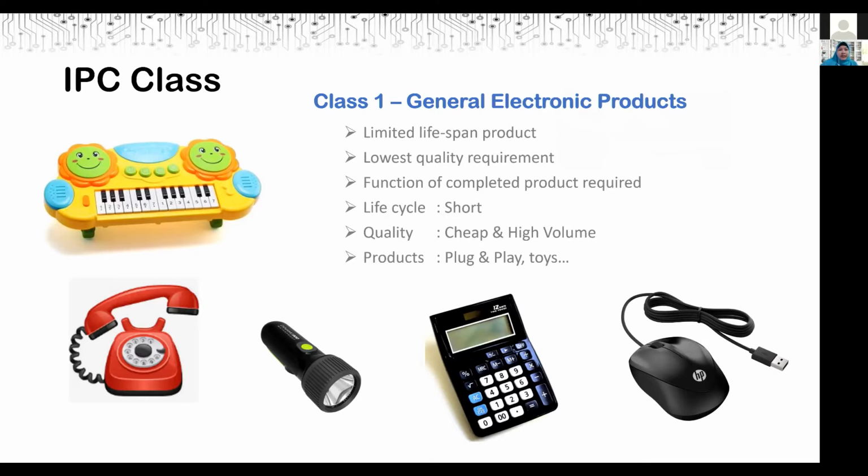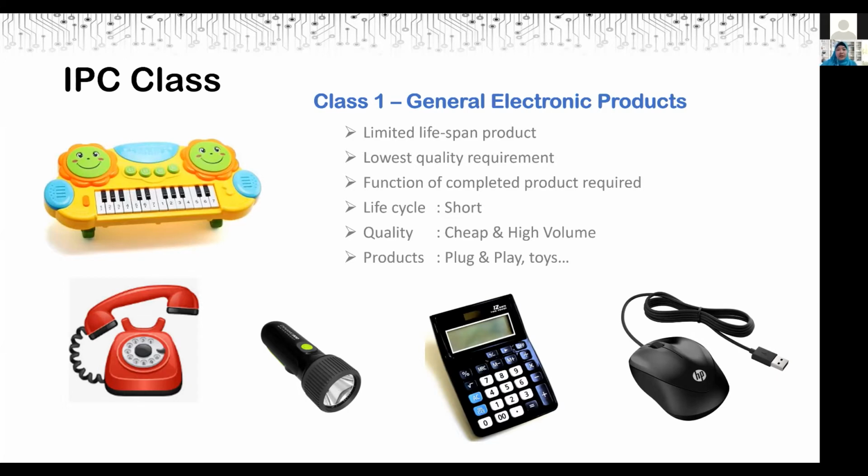So Class 1 is your general electronic products. From the picture here, you can see that these products are not very expensive, so you can expect to see a lot of these products in the market, mass produced. That means high volume, and they tend not to last very long, having a limited lifespan.